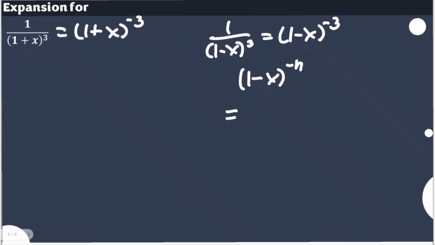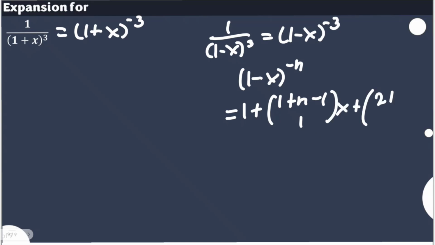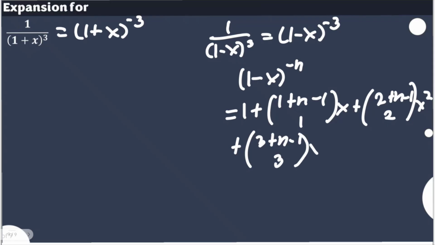You will have 1 plus the combination 1 plus n minus 1, combination 1 for your x, plus 2 plus n minus 1, combination 2 for your x squared, plus 3 plus n minus 1, combination 3 for your x cubed, until you reach the general form r plus n minus 1, combination r for your x to the power of r.